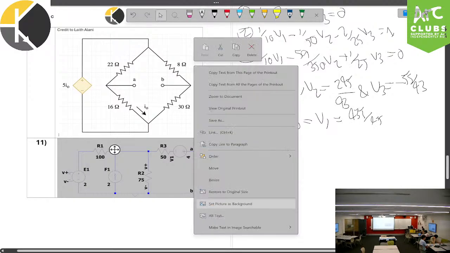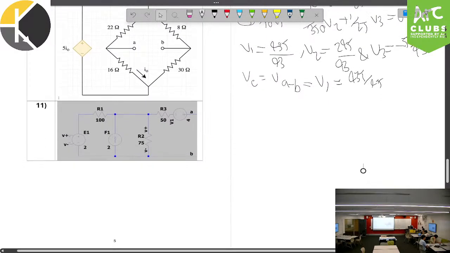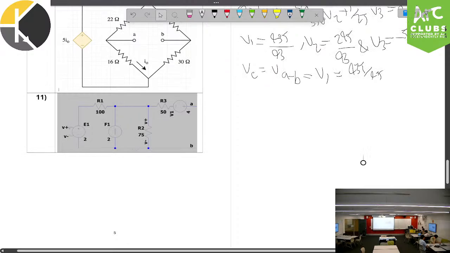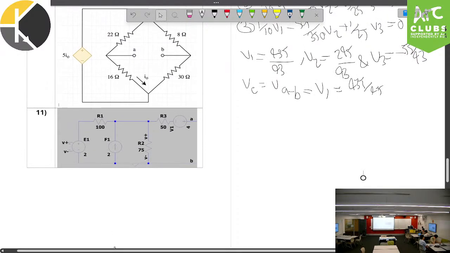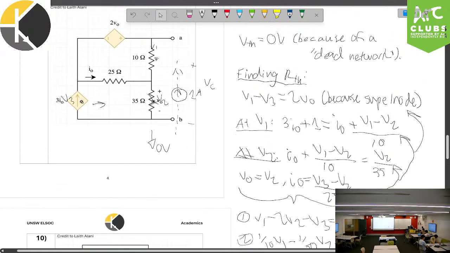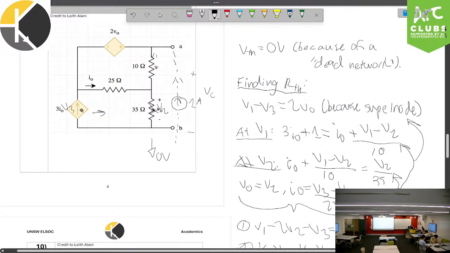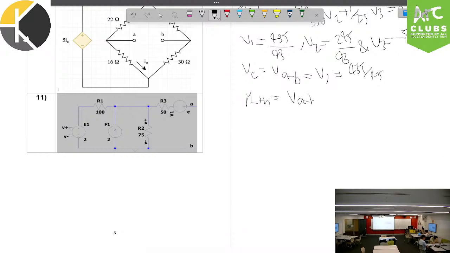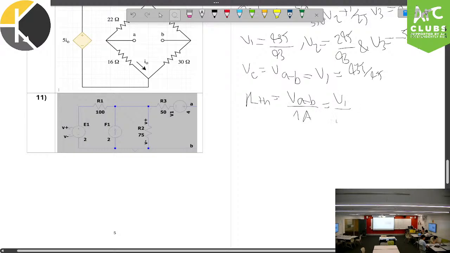Then, using Ohm's law, we can take the ratio of the voltage across VC with the current going through it, the current going through that current source just over here. So RTH is equal to VAB on 1 amp, which is equal to V1 on 1 amp.